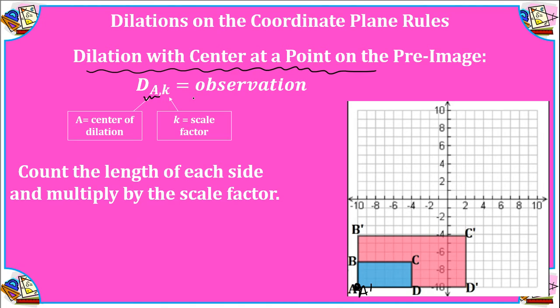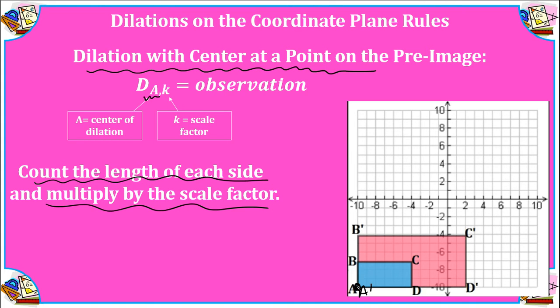Now, we can't just simply multiply our coordinates by the scale factor. We have to physically observe and count out how long each pre-image side is, and then see what our original length is, and we can define the scale factor. So you have to count the length of each side and multiply by the scale factor.